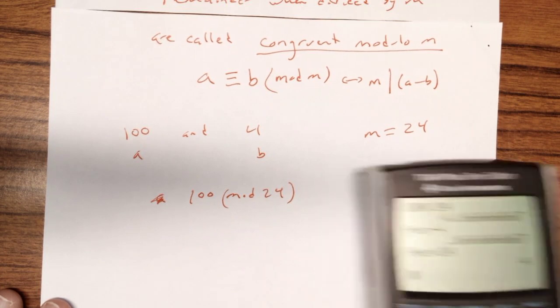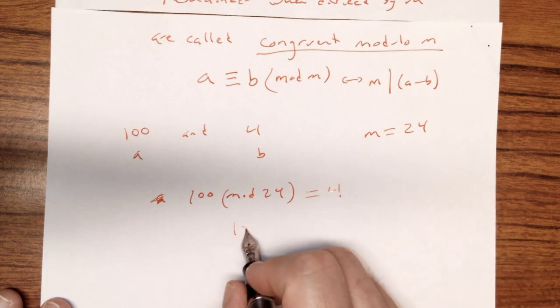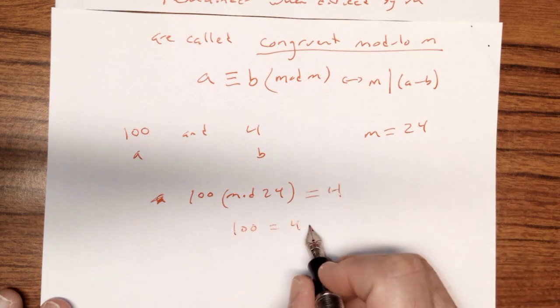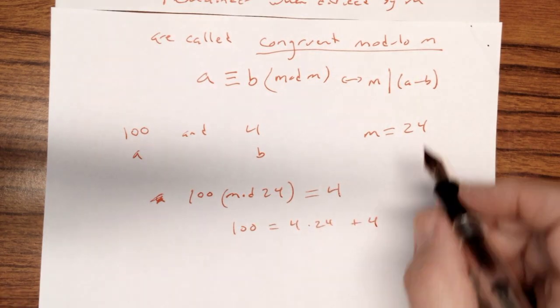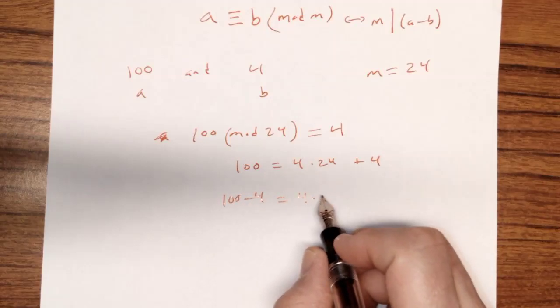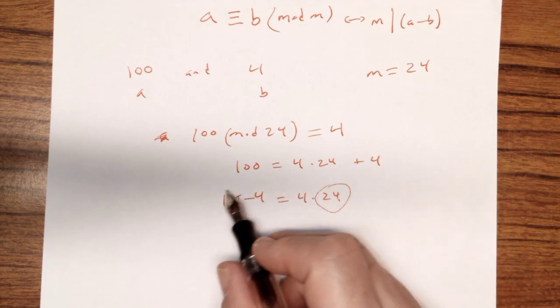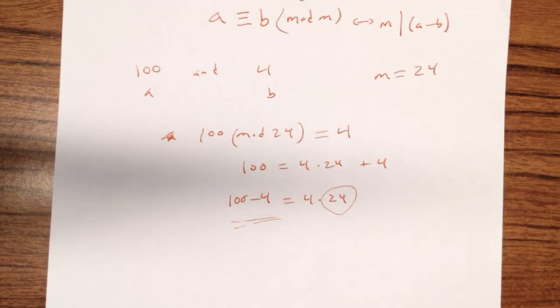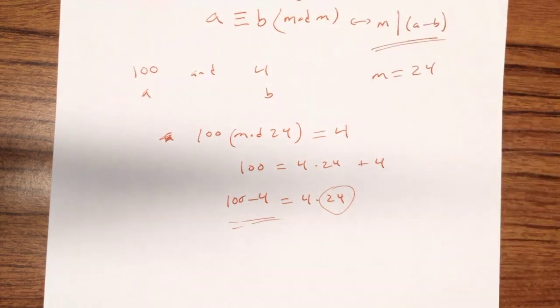That's 4. Since 100 is 4 times 24, with 4 left over. Wait a minute. That means that if I did 100 minus 4, I get 4 times 24. So the modulus divides the difference of the two numbers. Aha. That's why we can use this expression for this relationship.